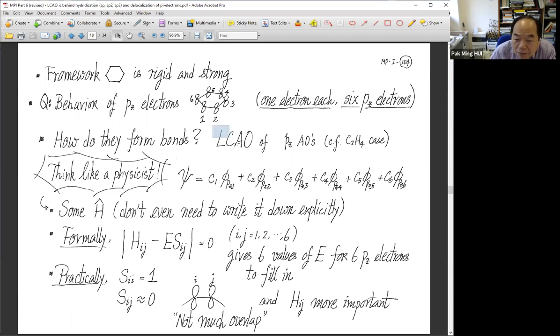I will do LCAO of the 6 pz orbitals. That is to say, I'm going to form the state of these 6 p orbitals in the following general way, as a linear combination of 1, 2, 3, 4, 5, 6.